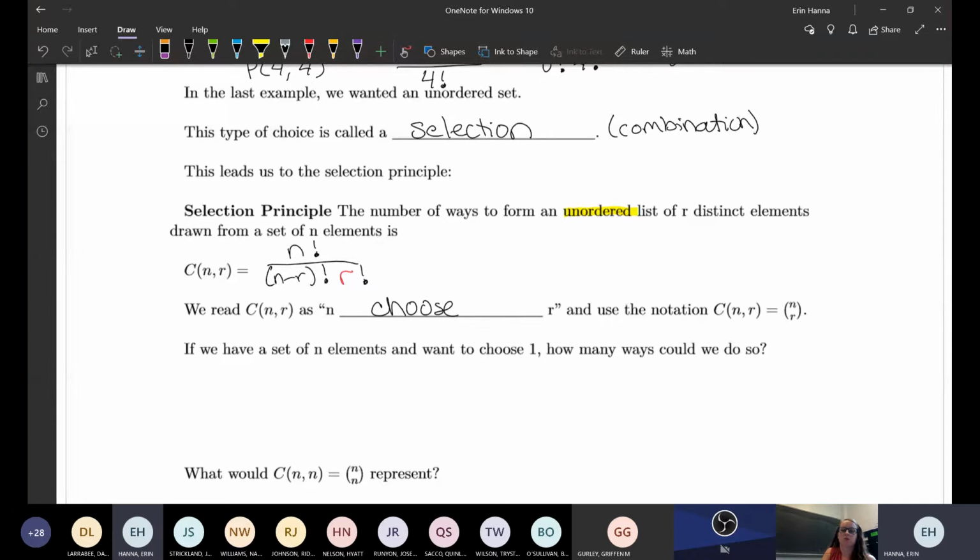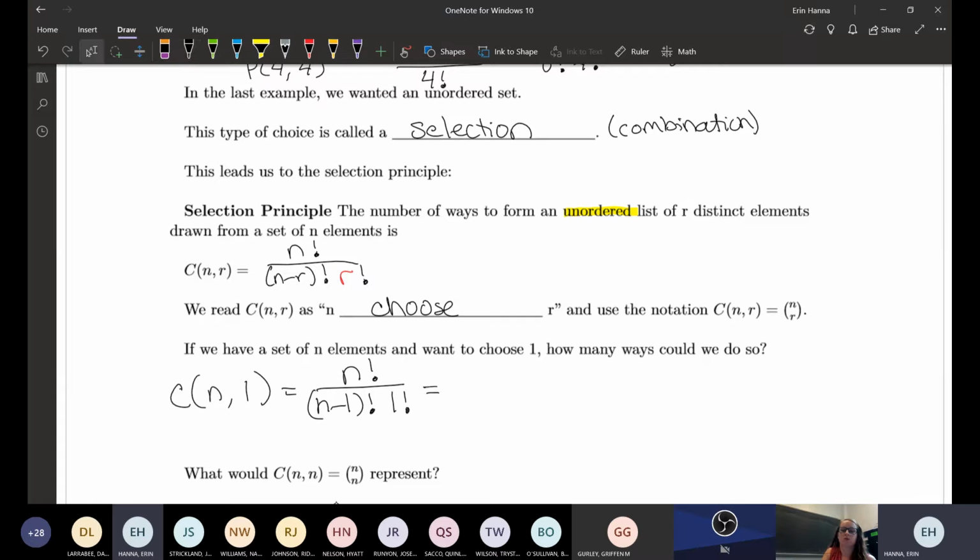If we have n elements and we only want to choose one thing, how many ways can we do that? We're going to have n factorial over n minus 1 all factorialed times 1 factorial.